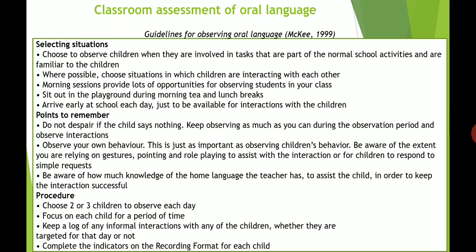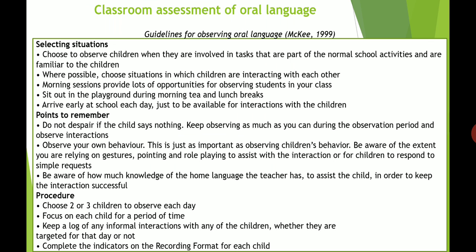As we know, children are very different from adult learners, so sometimes they are in a good mood or a bad mood, so do not despair if the child says nothing. Observe your own behaviors. Be aware of how much knowledge of the home language the teacher has to assist the child in order to keep the interaction successful.